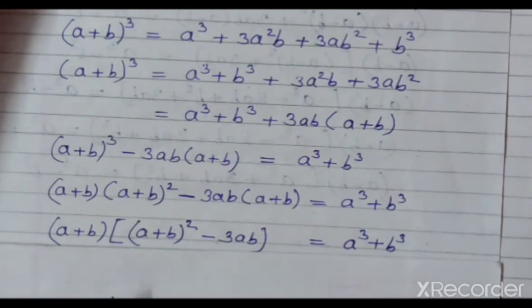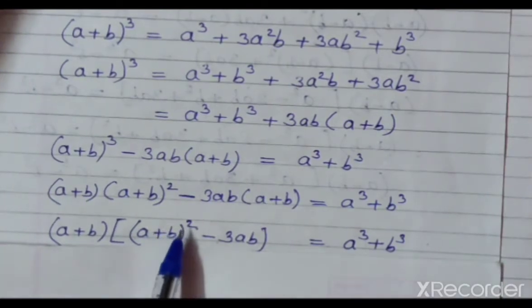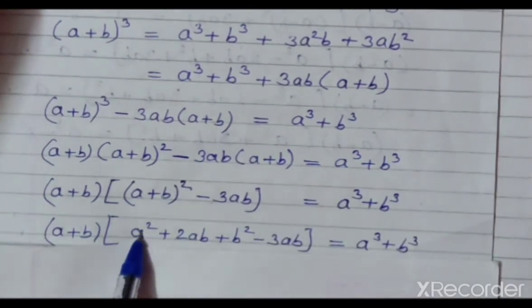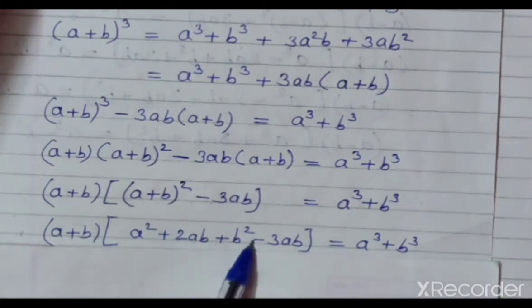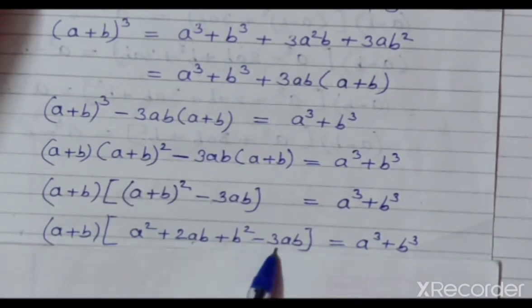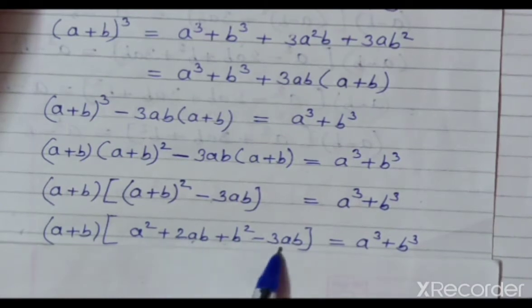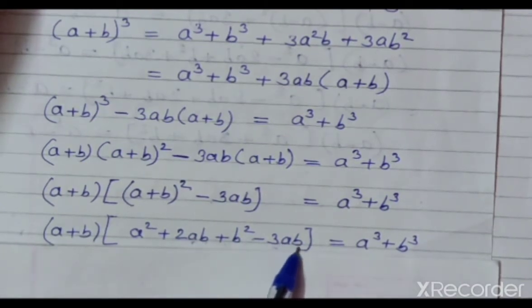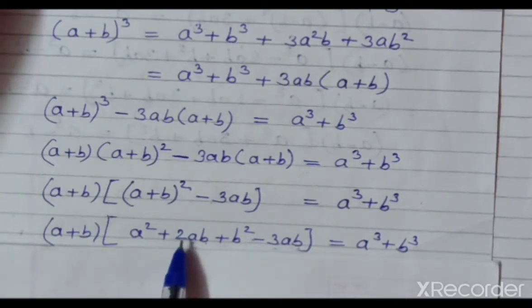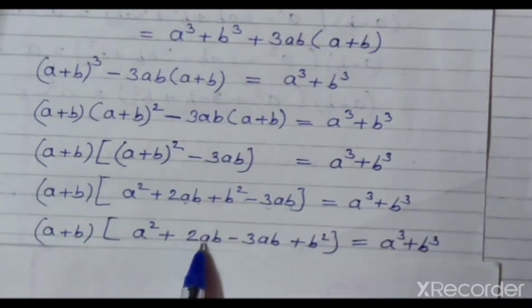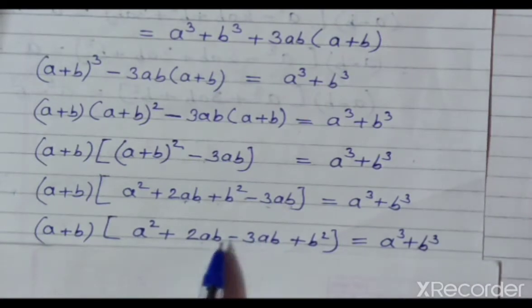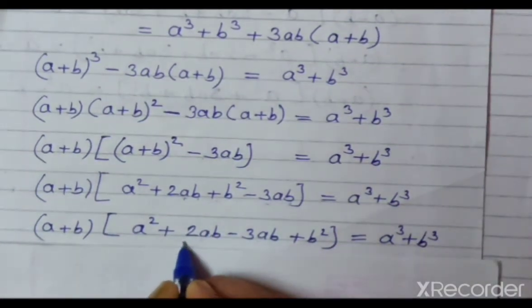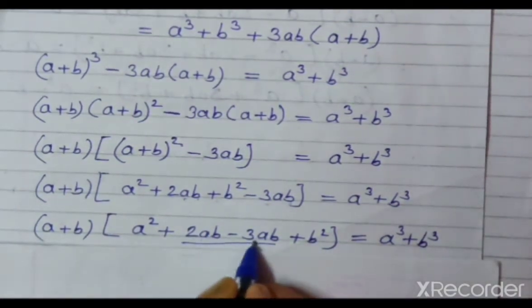Now we know the expansion of (a + b)² is equal to a² + 2ab + b². Now here you can see this term and this term have the same variables, so if we write it like this, we can group them together and subtract.